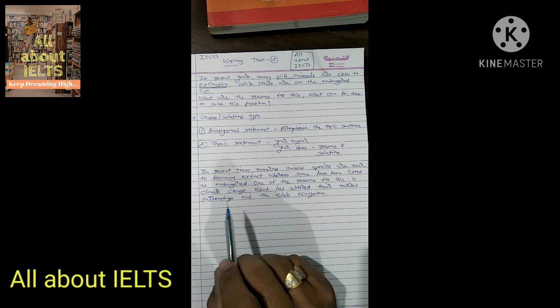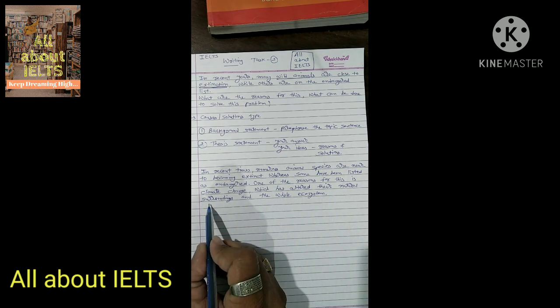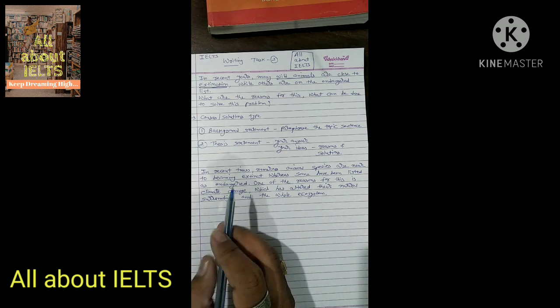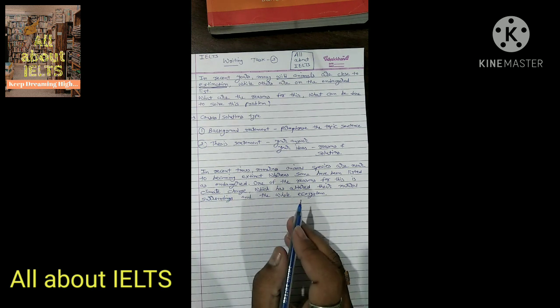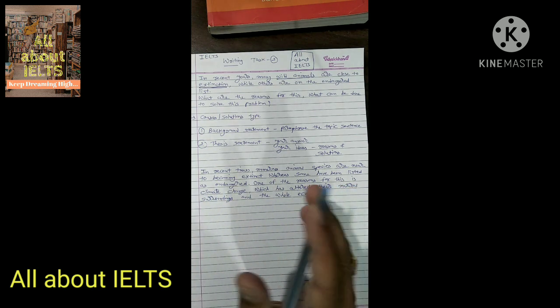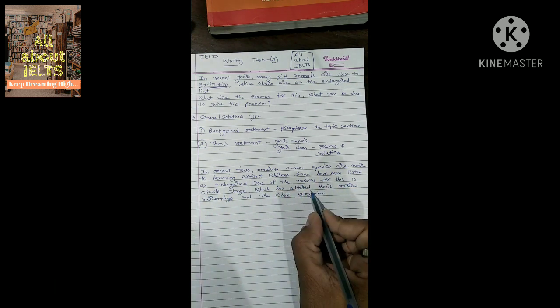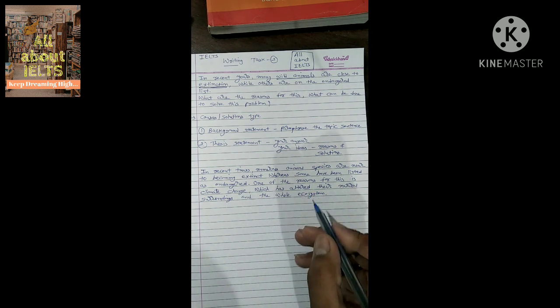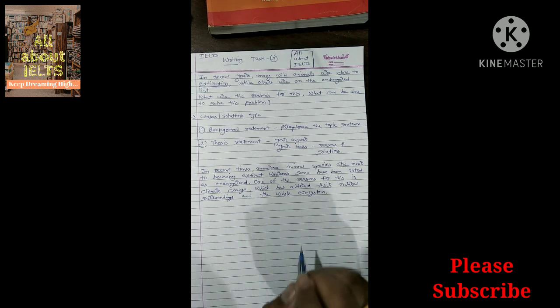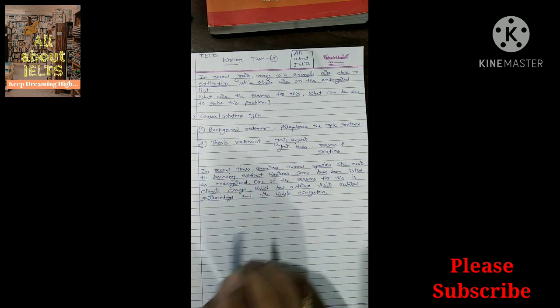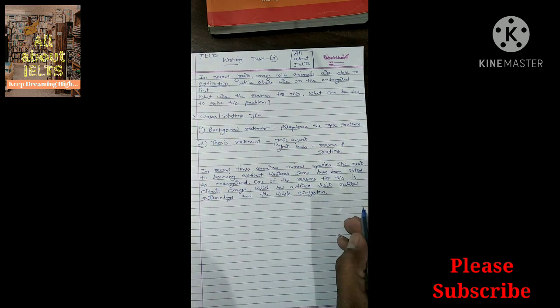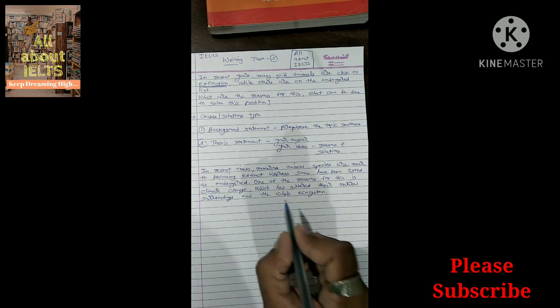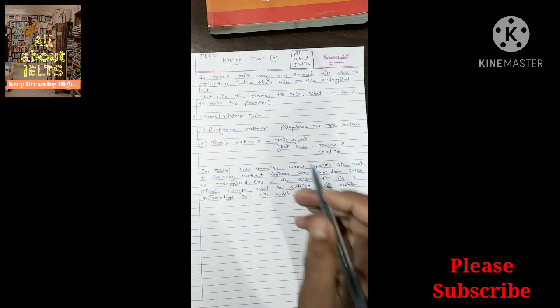Because of the climate change, their natural surroundings, like their homes and the area where they live, have changed, and the whole ecosystem has been disturbed as well. So that's our answer to the reasons.